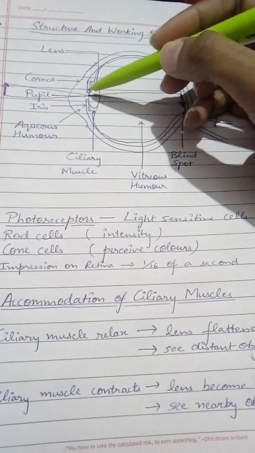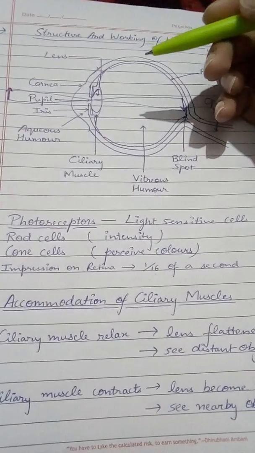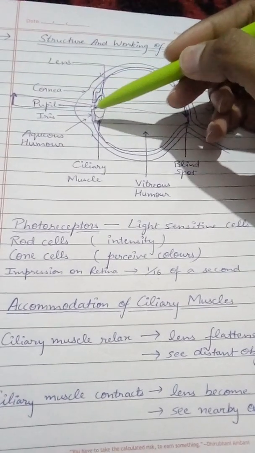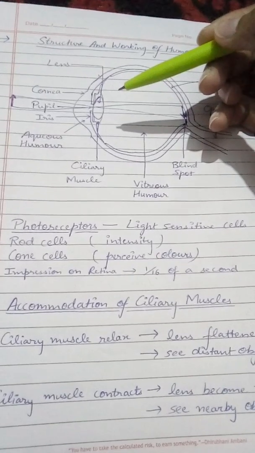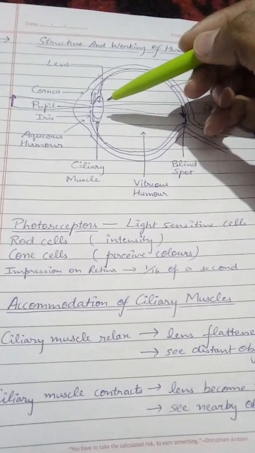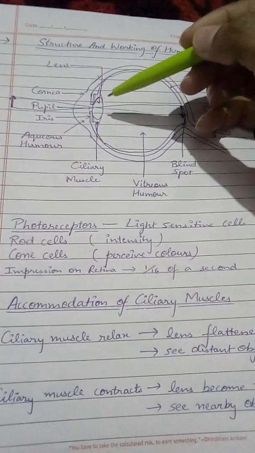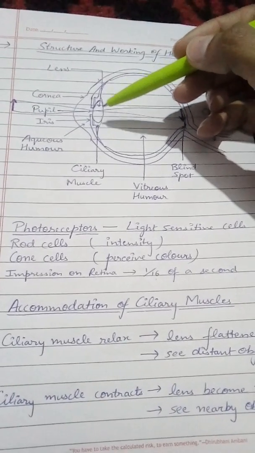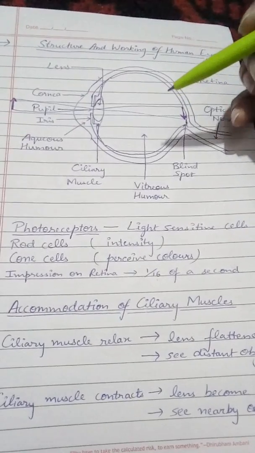Iris can be of different colors like black, brown, blue, etc. When we need more light, it increases the size of the pupil and more light enters the eye. And when we need less light, it decreases the size of the pupil and less light enters the eye.